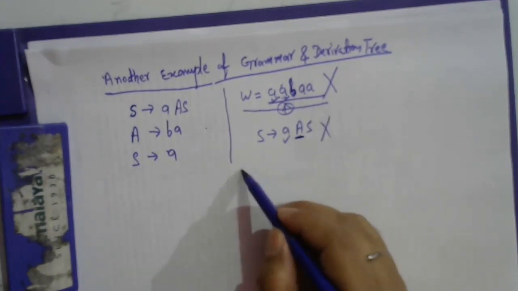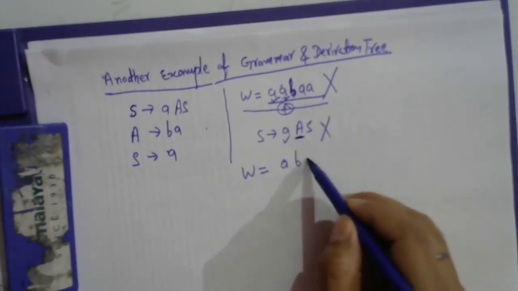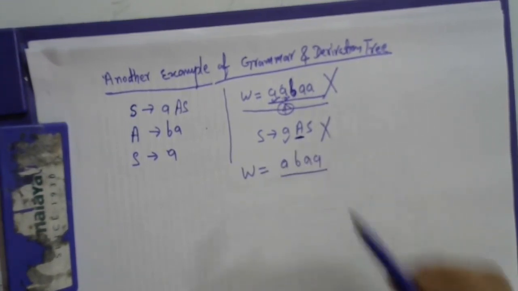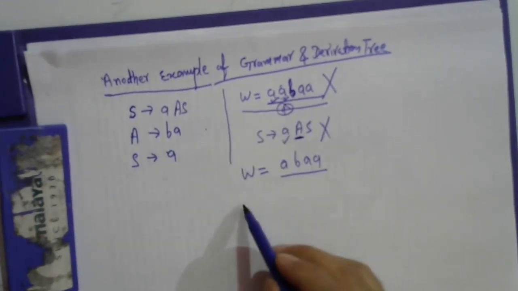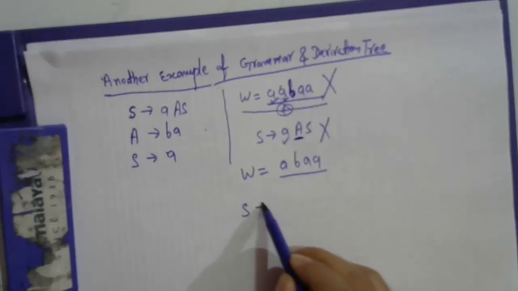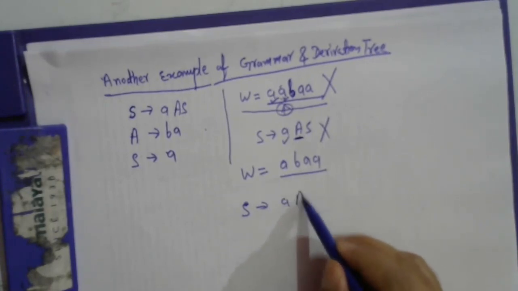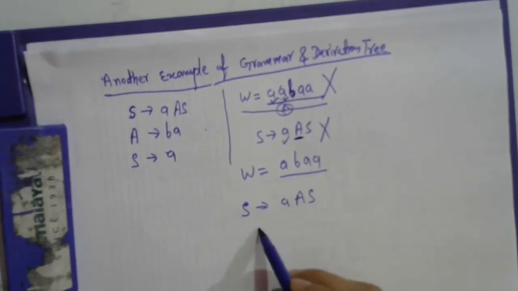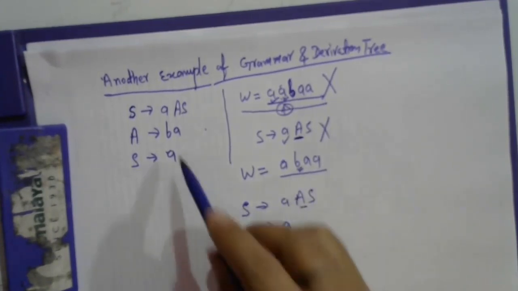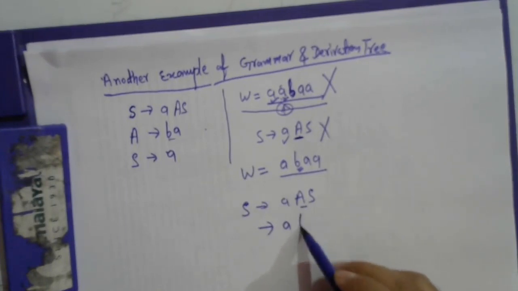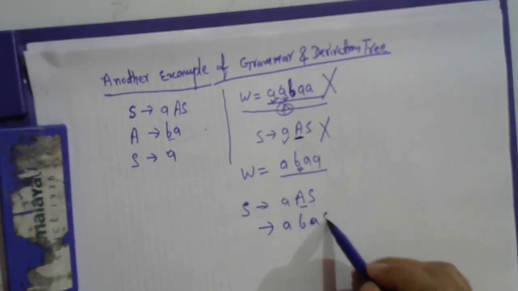If we modify the string W like this, W is equal to A, B, A, A, then we can generate this string with this grammar. Suppose S tends to AS, then again we require B from A, so we replace it with the production B, A, and there is again an S here.